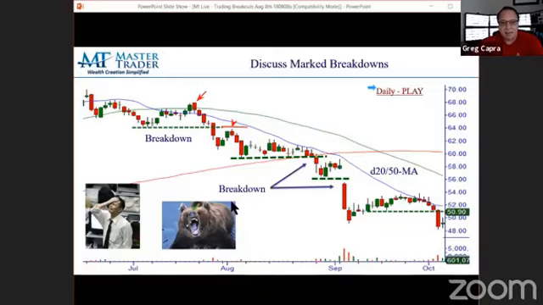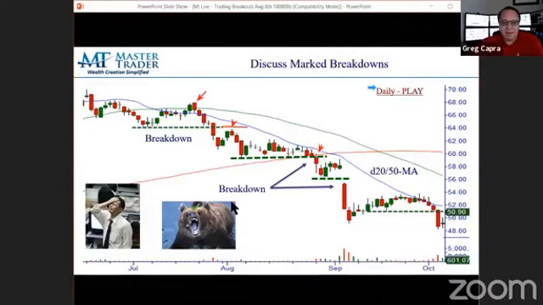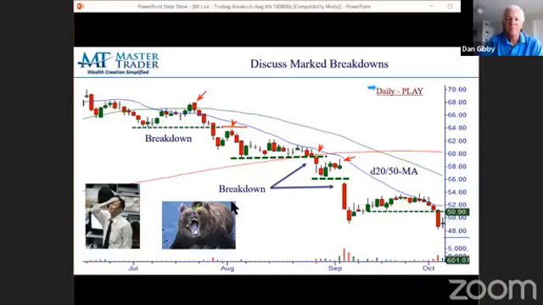Now this one is what we like to call the no-brainer. And even though it retraced, here is how we utilize what I call bar by bar analysis. Put yourself into the trade. You sold the breakdown. You got some money in the trade.